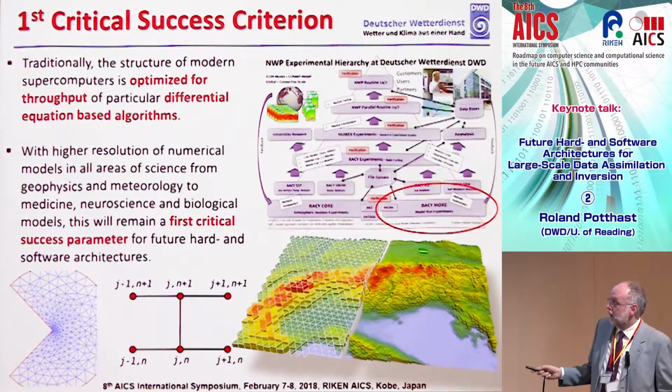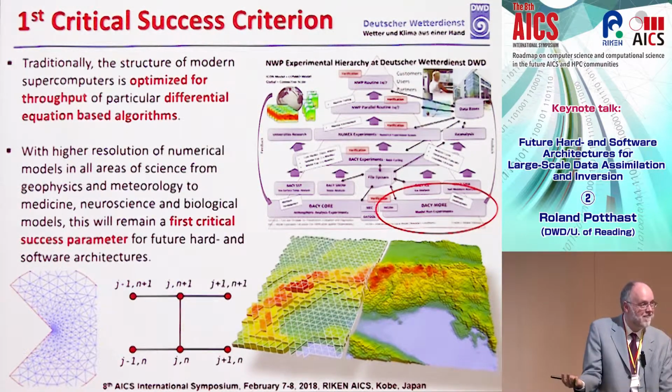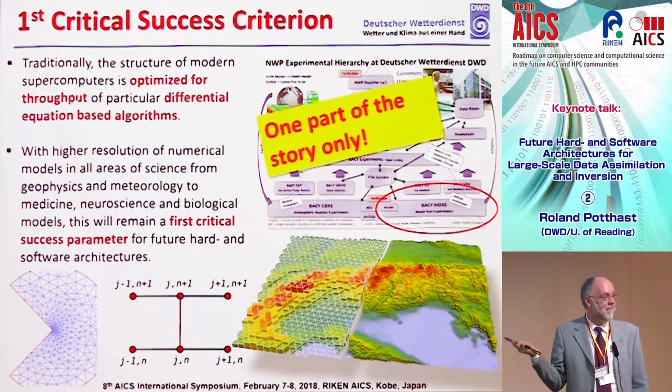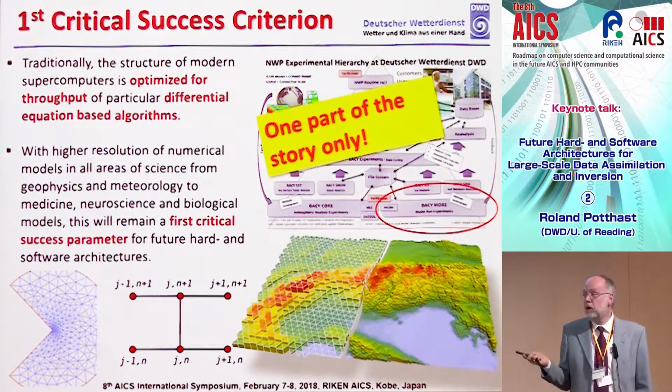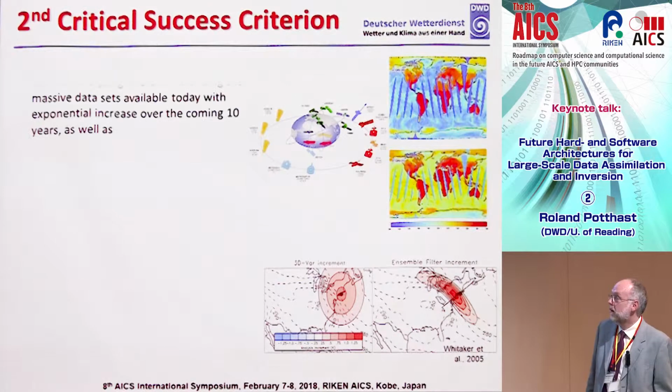And this is what I call basically the model run. So it's good, but it's only a part of the story. It's not the whole story yet. If you can only do this in a fast way and all the rest is very slow, you get into trouble. So we need further critical success criteria.